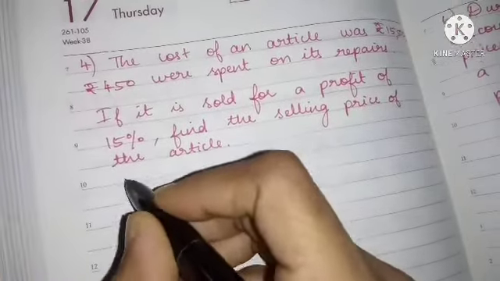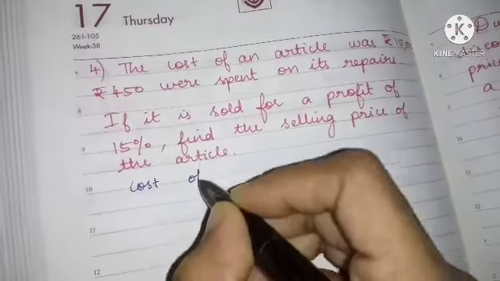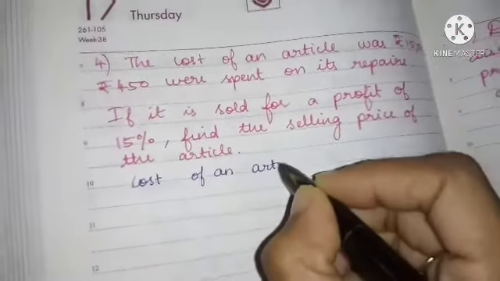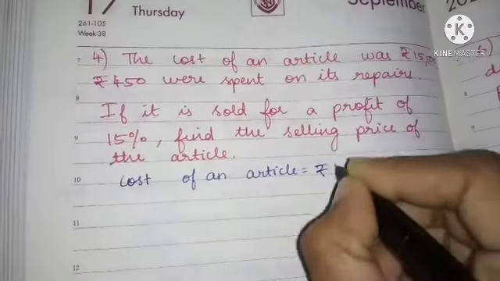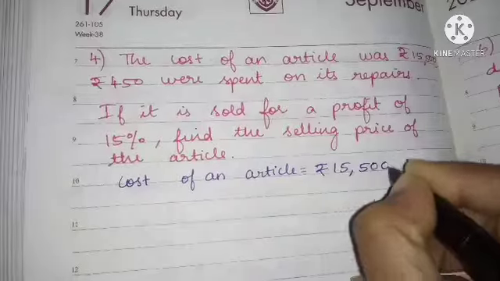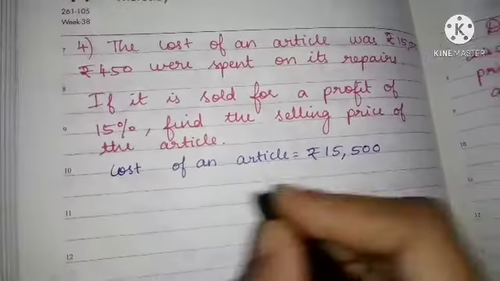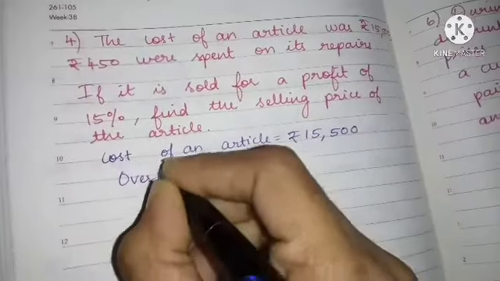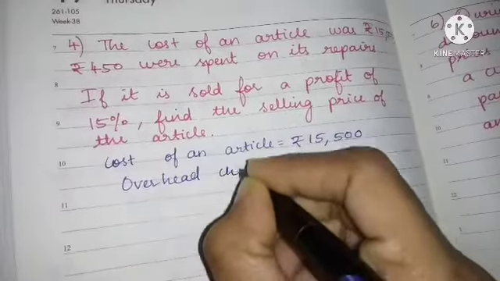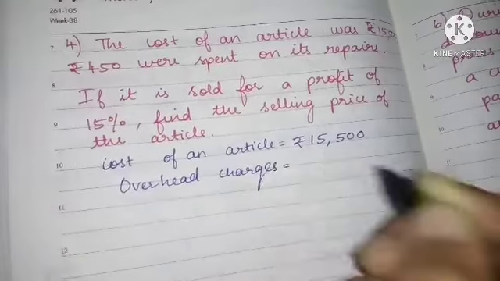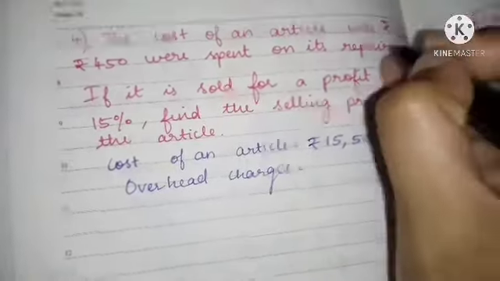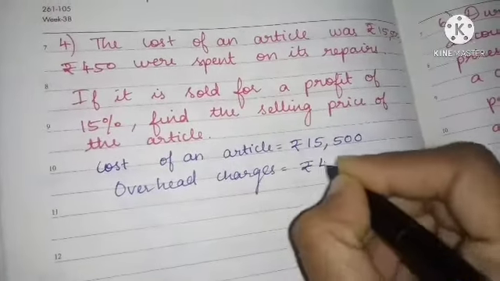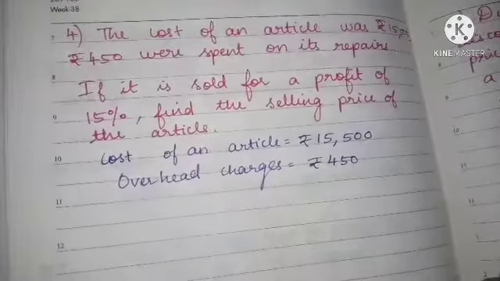First, the cost of an article. What is the cost of the article? Rupees 15,500. Next, overhead charges. What are the overhead charges we have? The overhead charges based upon the repairs are rupees 450.